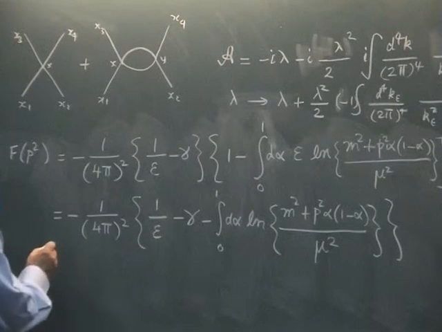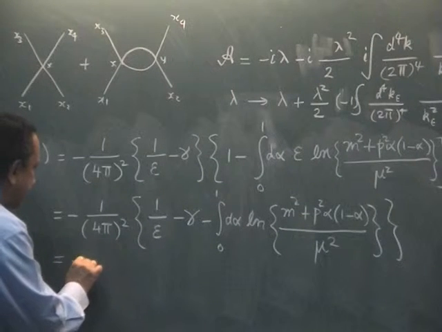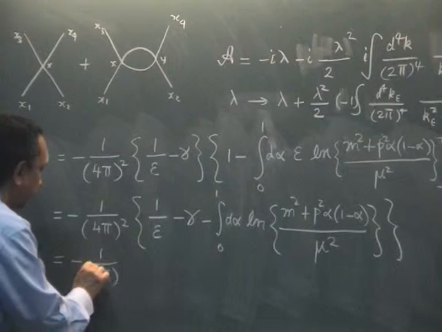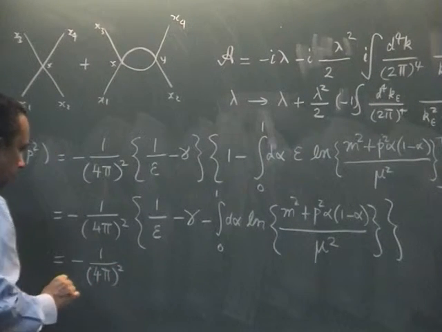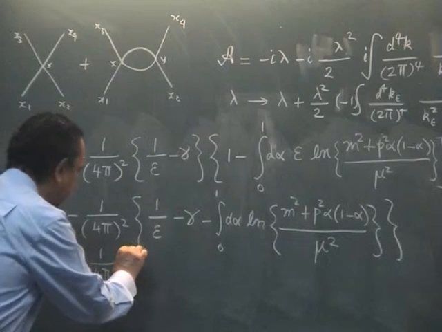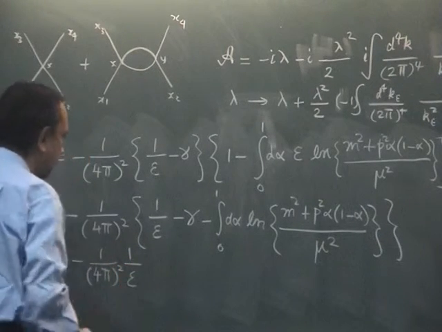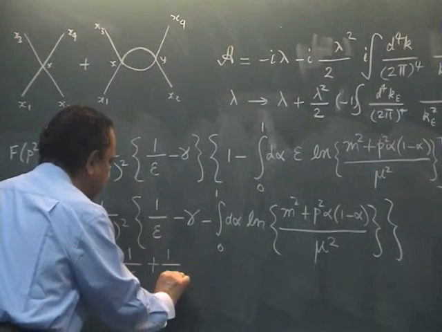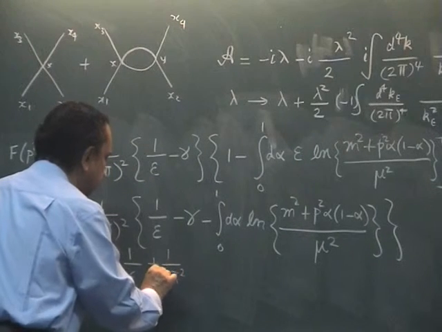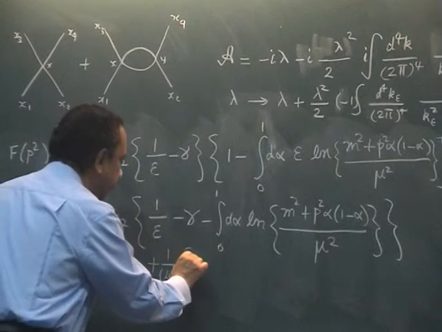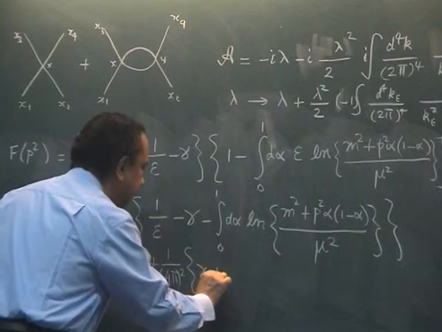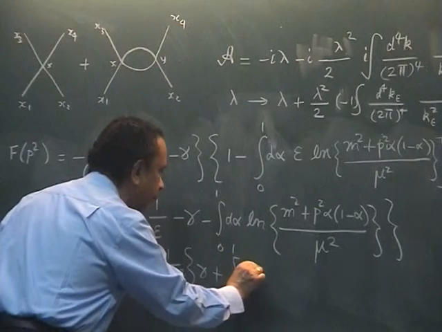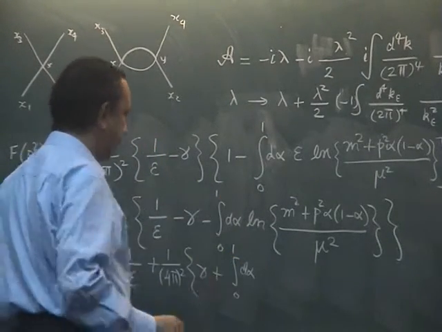So this whole answer can be written as minus 1 upon 4 pi the whole square times 1 by epsilon plus 1 upon 4 pi the whole square into gamma plus integral 0 to 1 d alpha of this whole quantity.